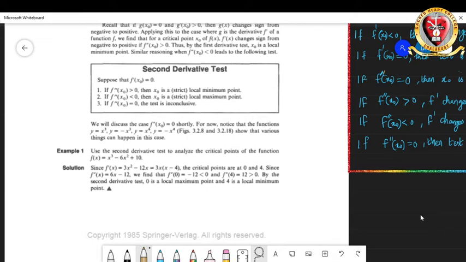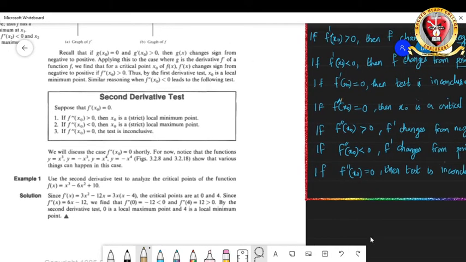So the second derivative test sums up what we said. Suppose that f dash of x naught is equal to 0. Then f double dash of x naught strictly greater than 0 will mean that x naught is a local minimum point.